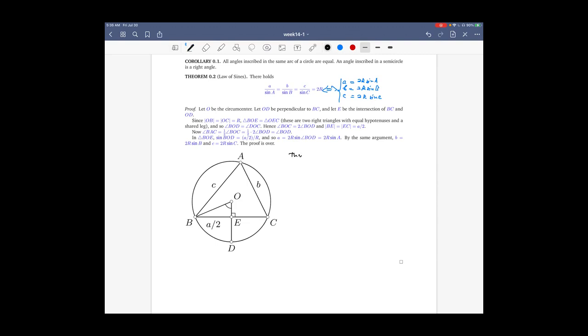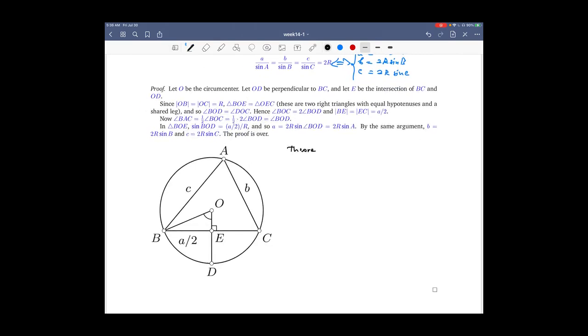and the theorem can be restated in the following way.